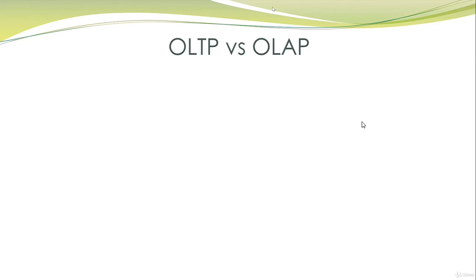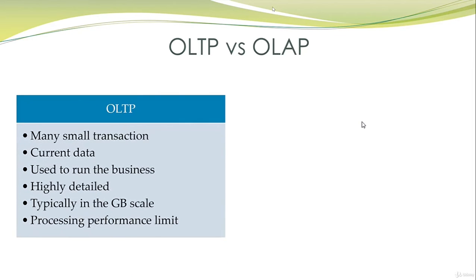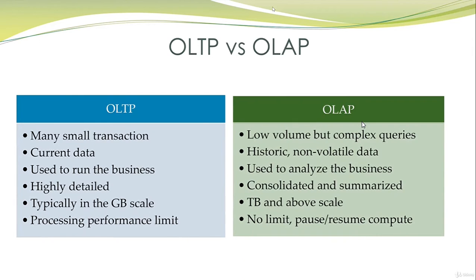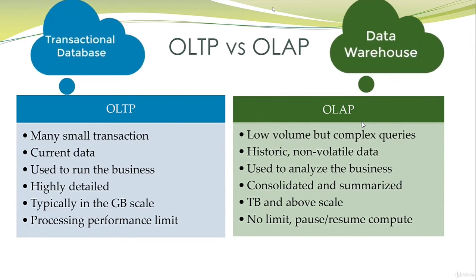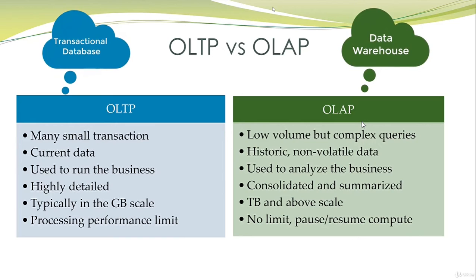In this lesson, I wanted to quickly touch on OLTP, meaning Online Transaction Processing System, versus OLAP, meaning Online Analytical Processing System. There are really some big differences between OLTP and OLAP. Let's discuss those.